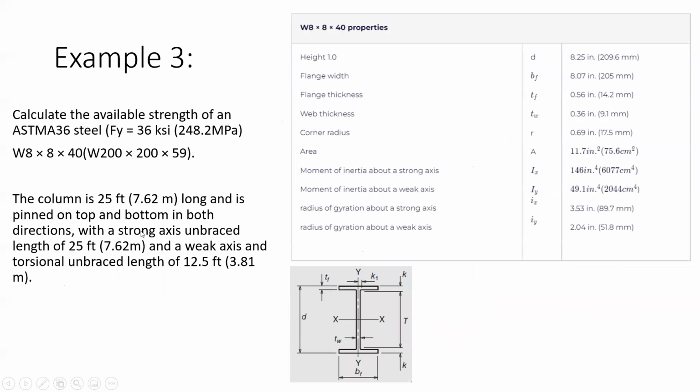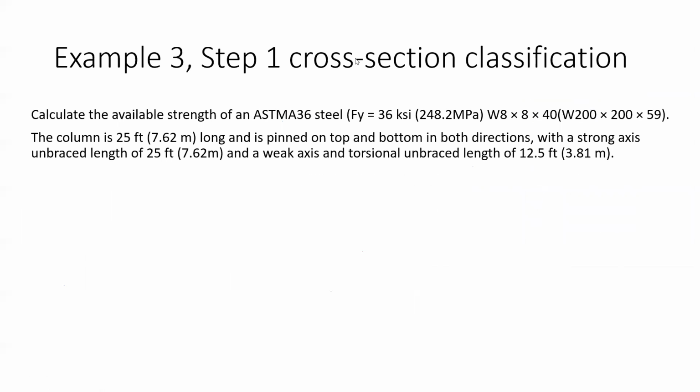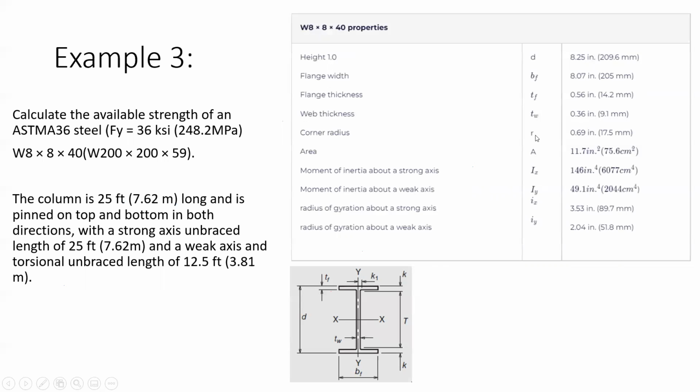Strong axis is unbraced, the length of 25 feet. And the weak axis is the torsional unbraced length of 12.5 feet. Given na lahat, we have your height, BF, TF, W, RA, IX, IY.